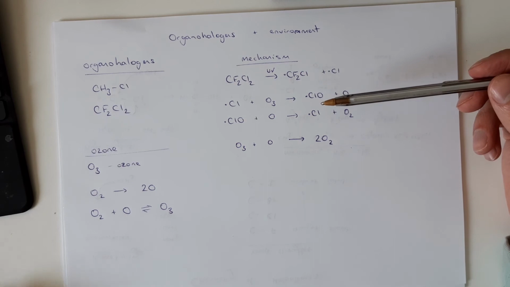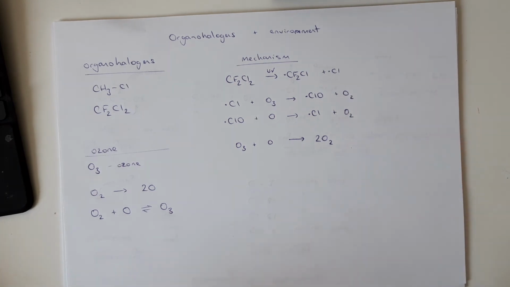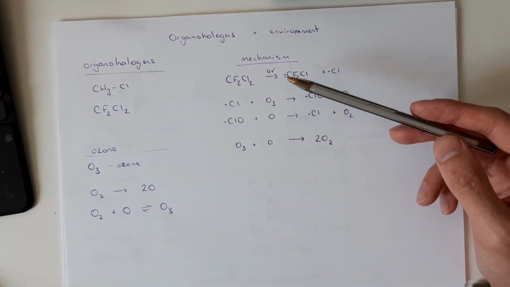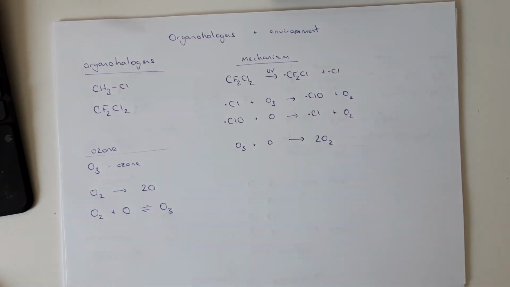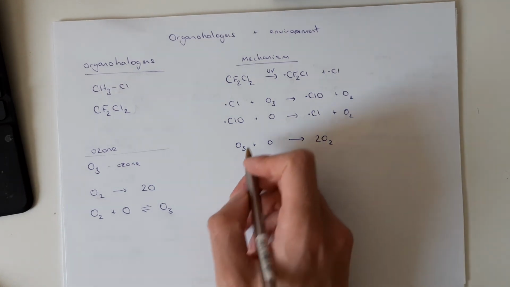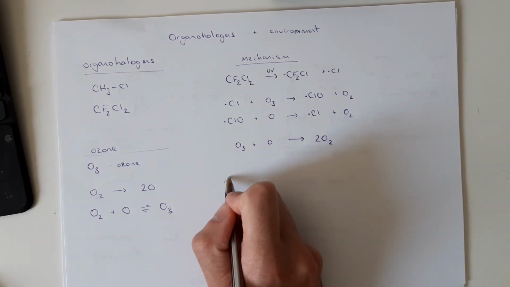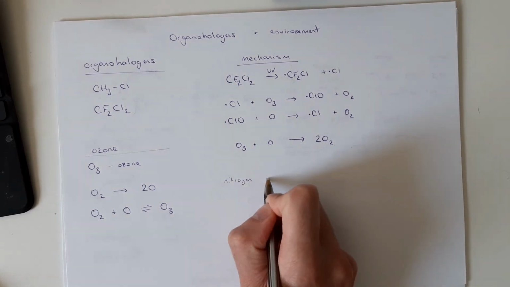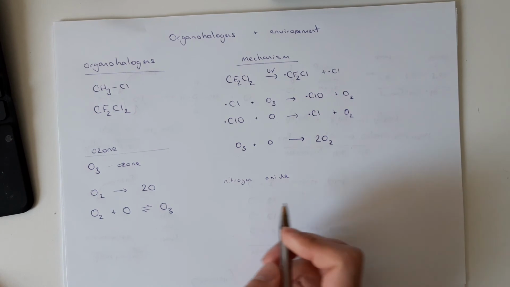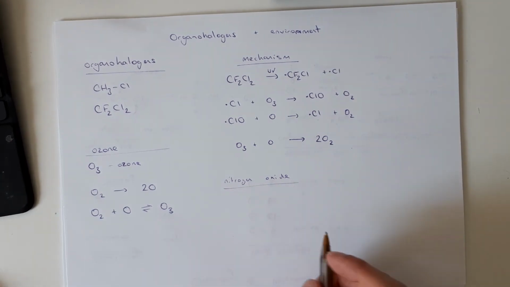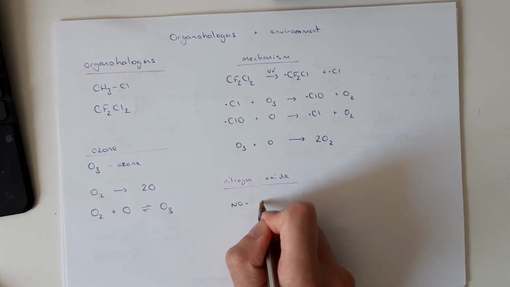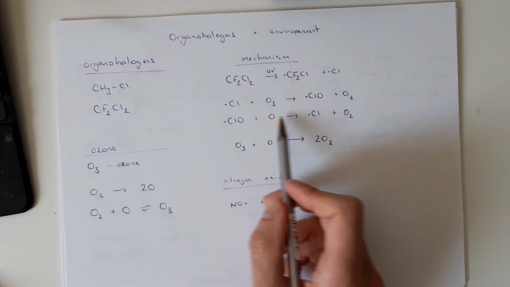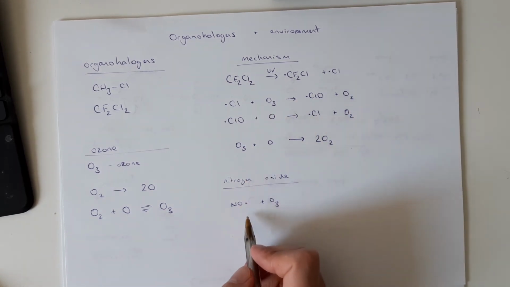The other way you might get asked about, and might see this mechanism, is a very similar one to this, but doesn't involve an organohalogen. In fact, it uses nitrogen oxide radicals. I'll just put a note on this. It is one that has appeared in exam questions. It's the same sort of mechanism, follows the same pattern as before.